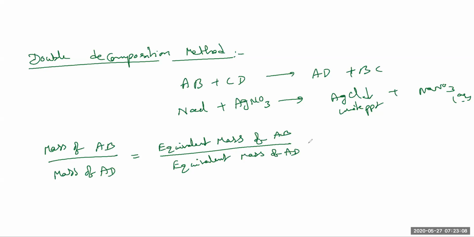And that is also equal to equivalent mass of A plus equivalent mass of B divided by equivalent mass of A plus equivalent mass of D. Take this one.